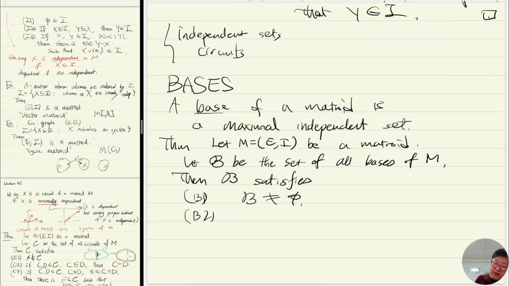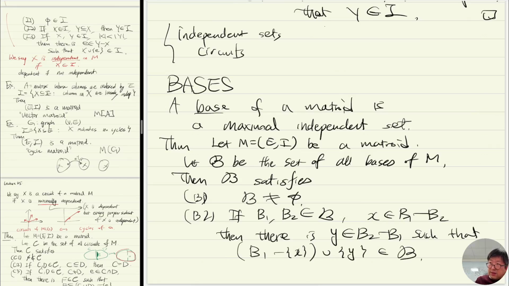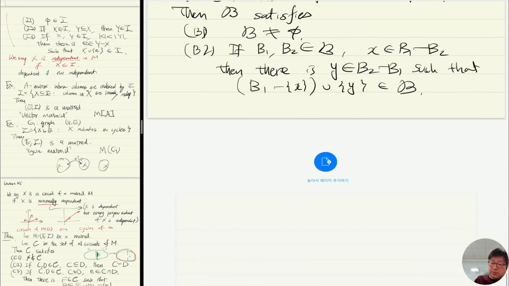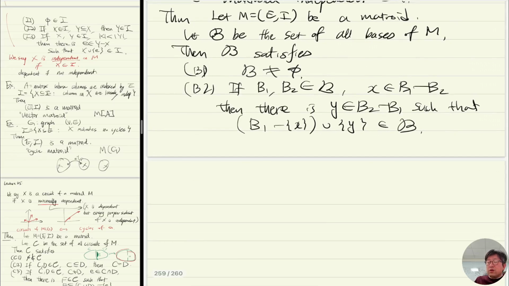All right. Now, if you have two bases B1, B2, where X is in B1 minus B2, then there is Y in B2 minus B1 such that B1 minus X union Y is in B. So this second axiom is called the base exchange axiom.